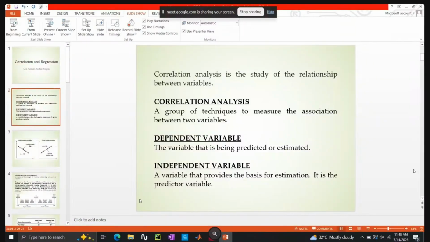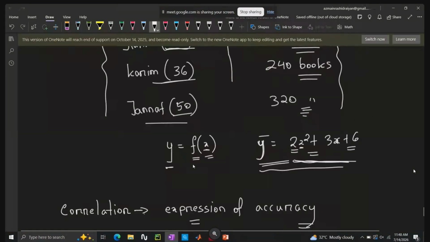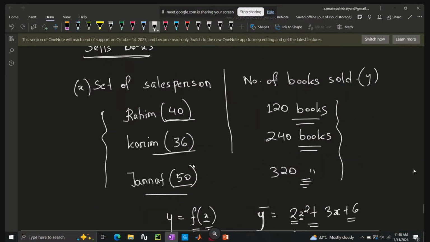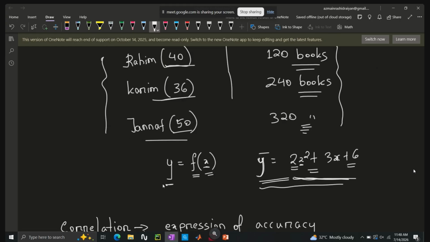So let's go back to our write-ups. In this expression, our x is actually the independent variable. It can vary independently, while the y variable is actually the dependent variable. As we are writing y as a function of x, we can call y the dependent variable and x the independent variable, which means it can be varied independently.